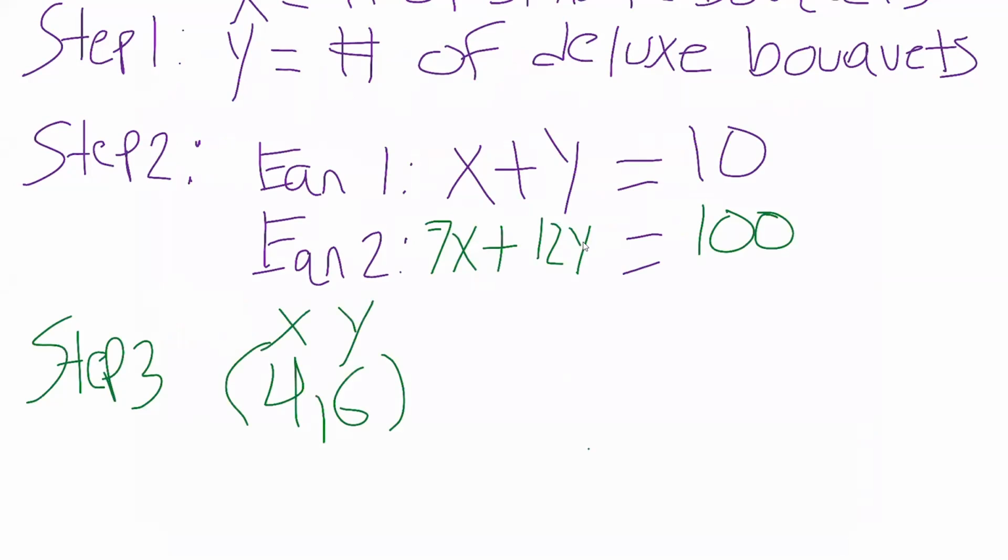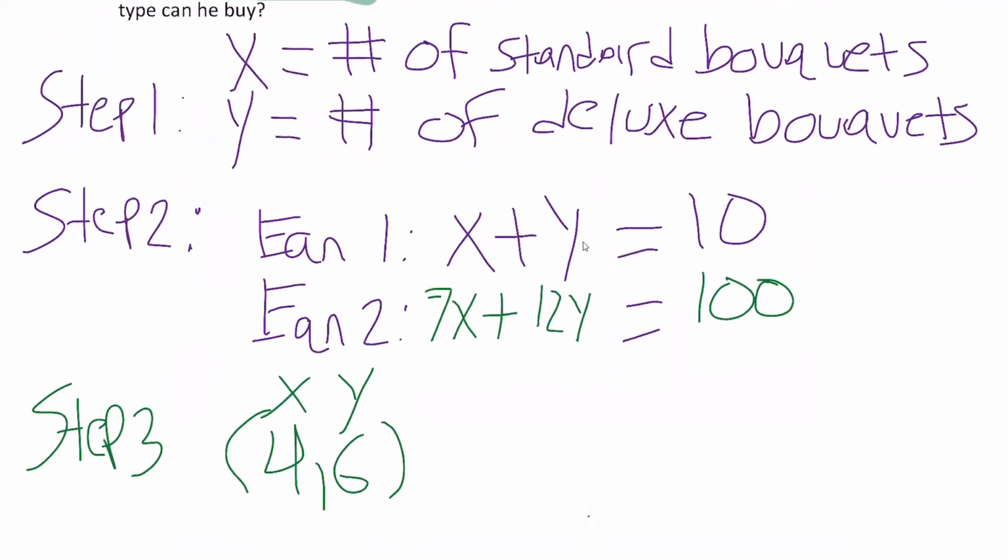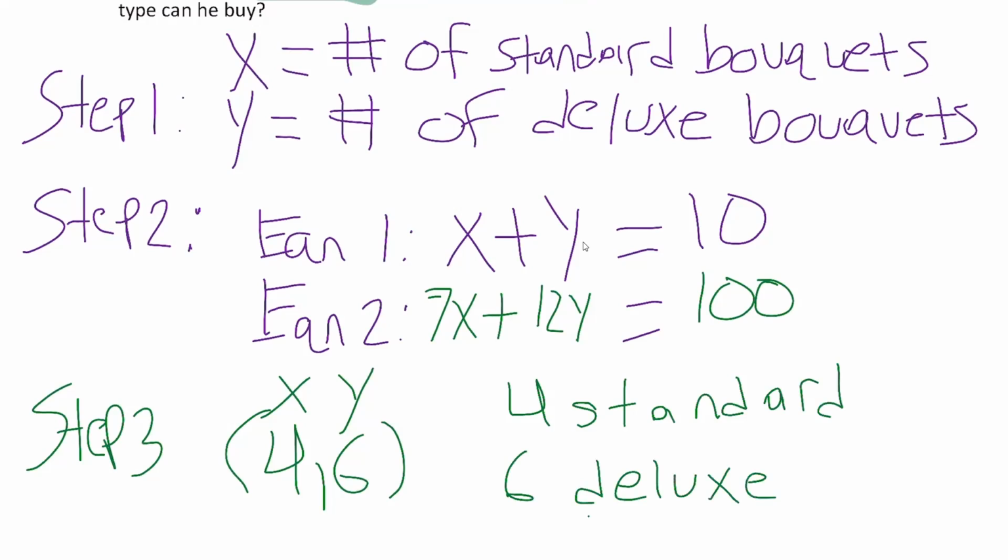Some teachers will have you write a complete sentence, but I'm happy if you just tell me what this means. Remember, X is the number of standard bouquets. So there were 4 standard bouquets and 6 deluxe bouquets. That's what he spent his money on.